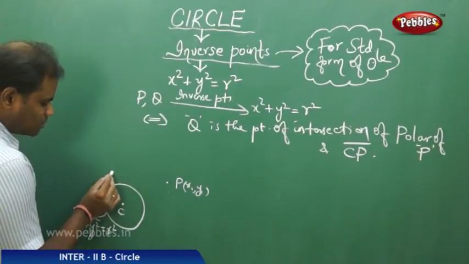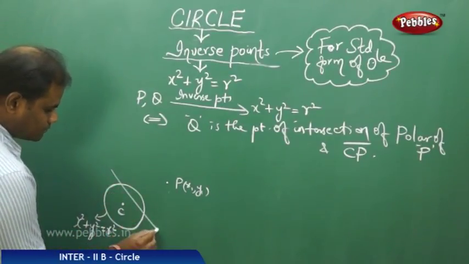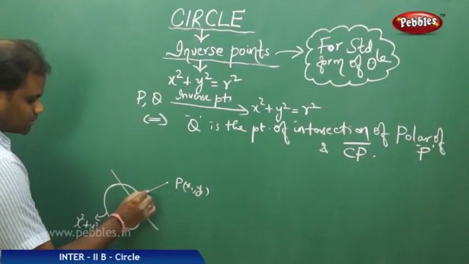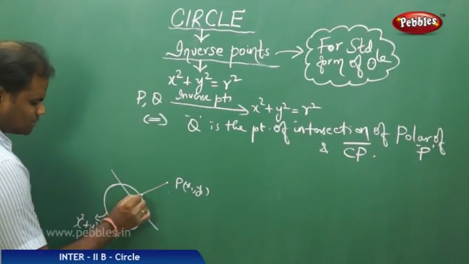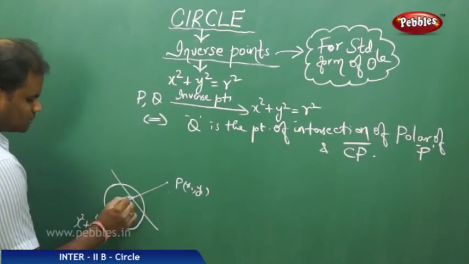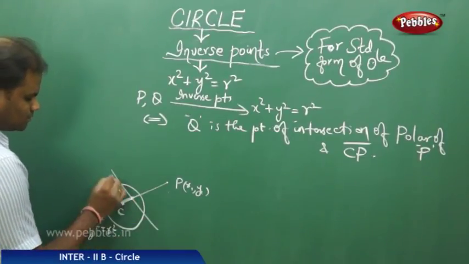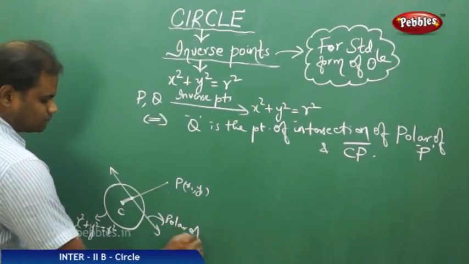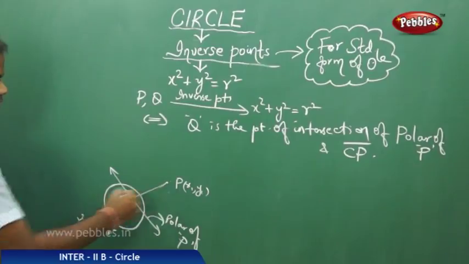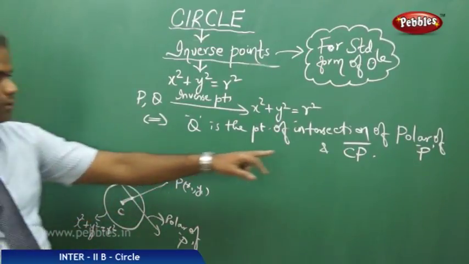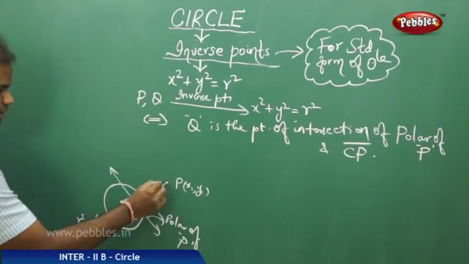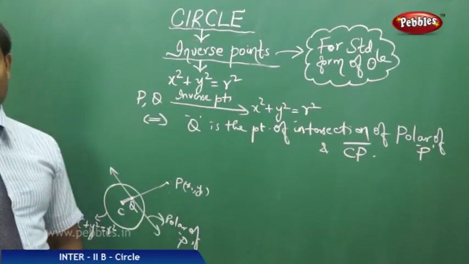Then if I say that the polar of P lies here, and CP intersects here, then this is the polar of P and this is the line joining CP, and the point of intersection of CP and polar of P, if this is Q, then we say these two points are inverse points.